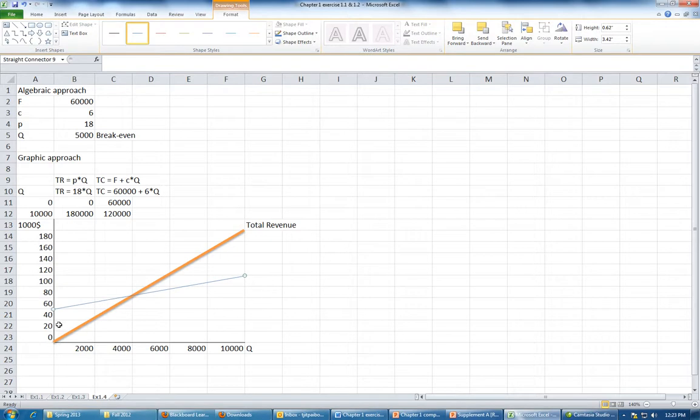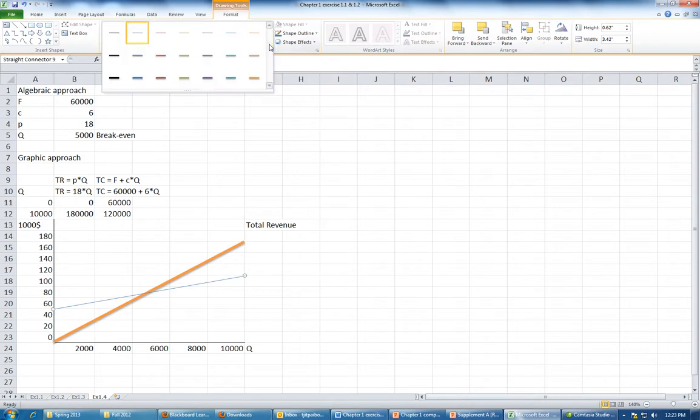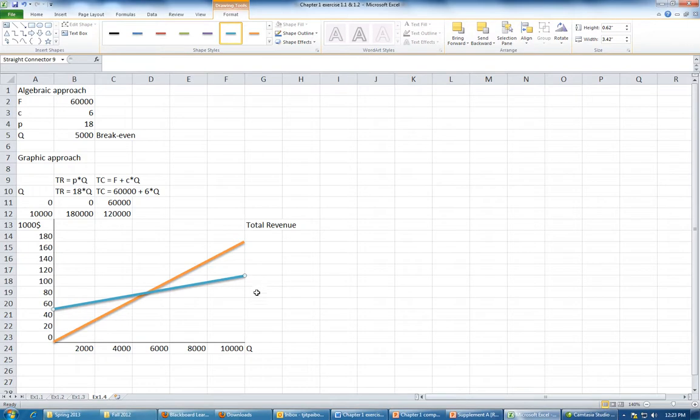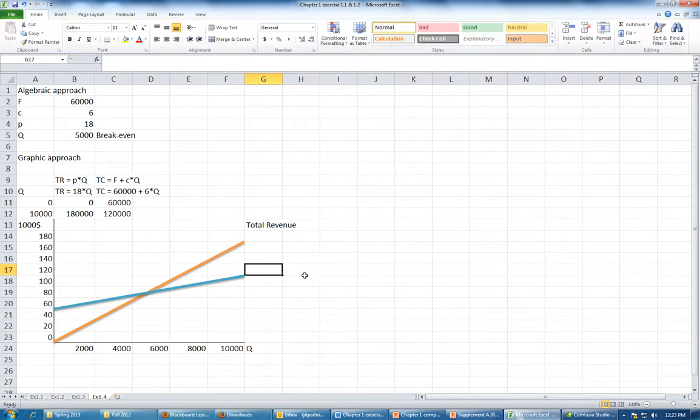$20, $40, $60. I think that it's a little bit higher than that. Okay, so you can see that from this point, let's give it maybe blue. We call this the total cost line.